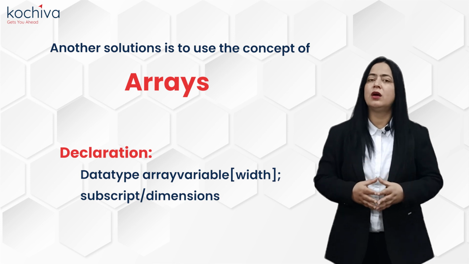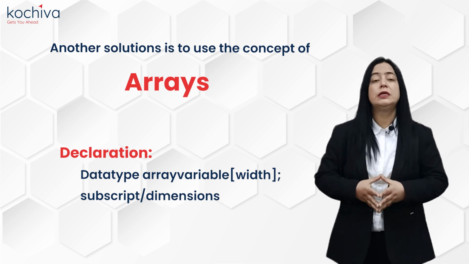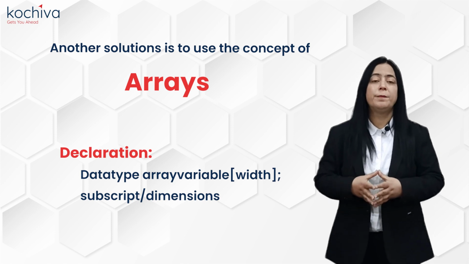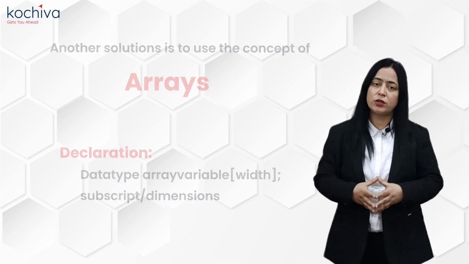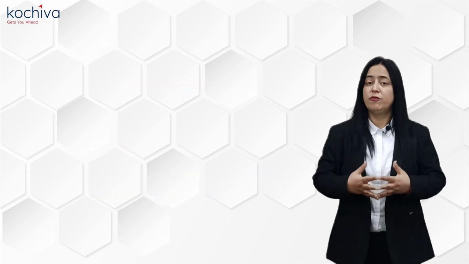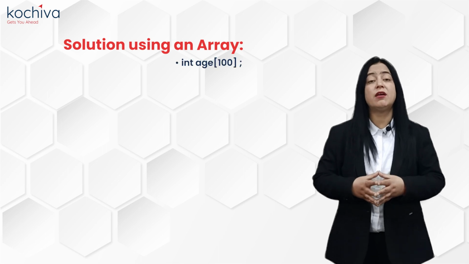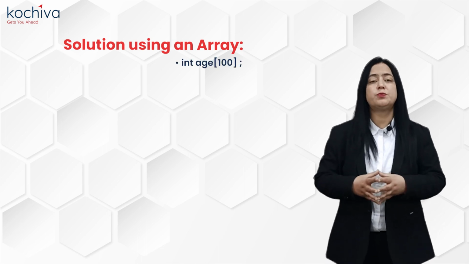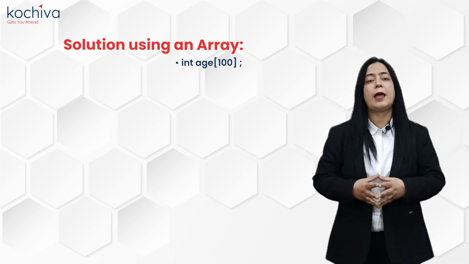So this is another solution for the problem: when we want the same type of data but don't want random variables. For our program, we will take an age variable and mention the width 100 with the data type int.